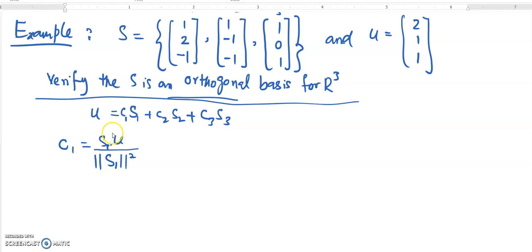So according to the theorem given in the book chapter, C1 we can find by S1 dot U over the norm of S1 squared.